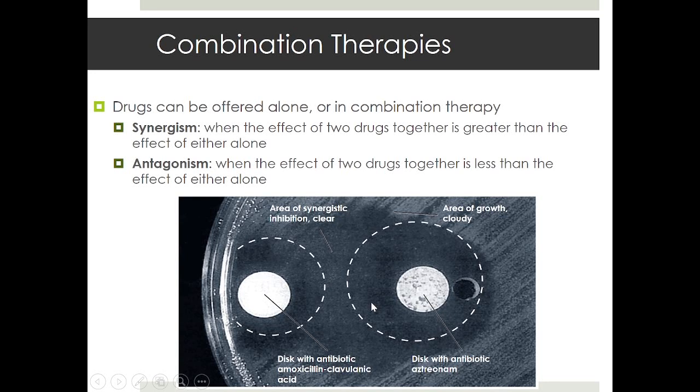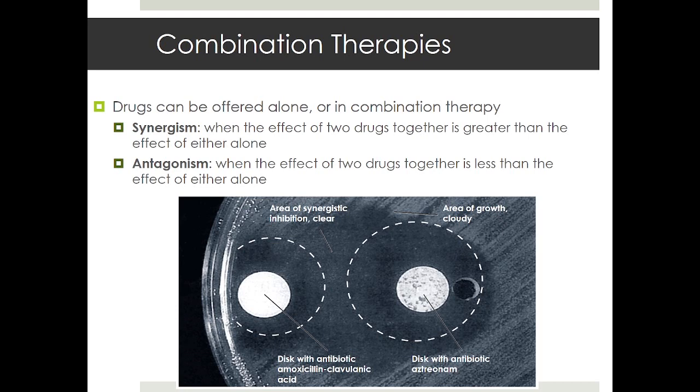But in between where the two meet up, there is a much larger effect, the synergistic effect, where both of those drugs together cause more inhibition. So it would be beneficial if you're trying to treat something to add those two things together in order to have a larger effect without having to increase the dosage to a potentially higher and detrimental level for the host.